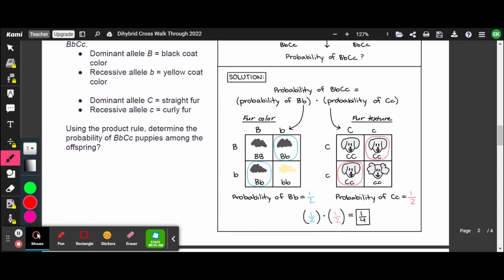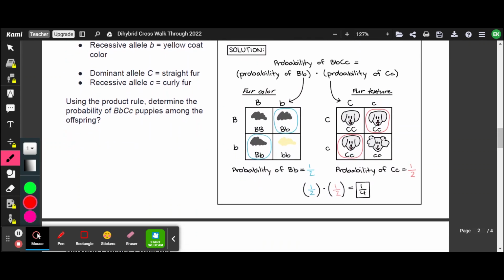I'm going to go ahead and use the cross from the previous example where we were heterozygous for the length of the stem, and we were also heterozygous for the flower color. And that was true for both parents. Now I'm just going to do 2 monohybrid crosses, 1 for each trait.